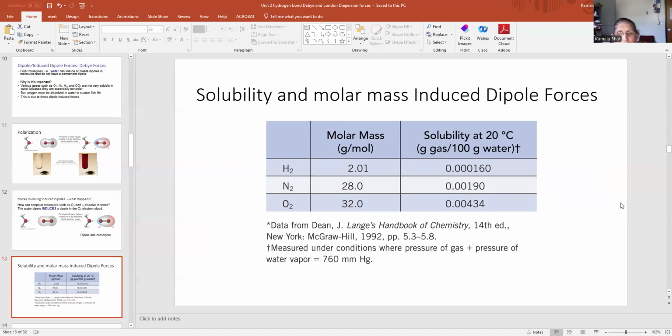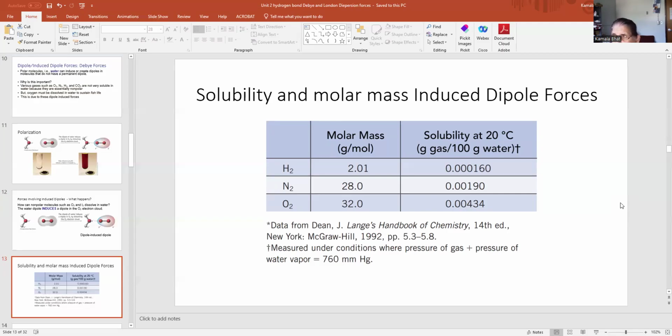Hydrogen, nitrogen, oxygen, we compare three gases, and this is from the Lange's Handbook of Chemistry, which is still used for many measurements. The molar mass of hydrogen is 2.01, for nitrogen is 28, and for oxygen 32. And the solubility of hydrogen is about 1.60 times 10 raised to minus 4 grams of the gas in 100 grams of water.